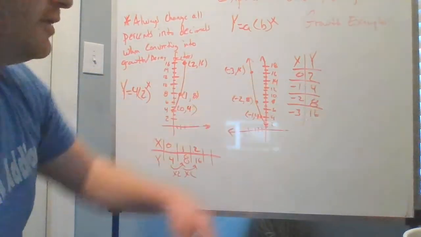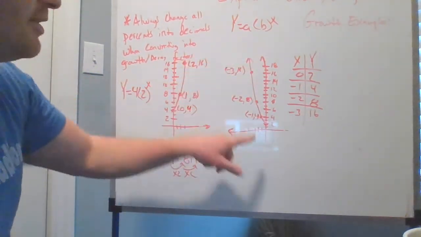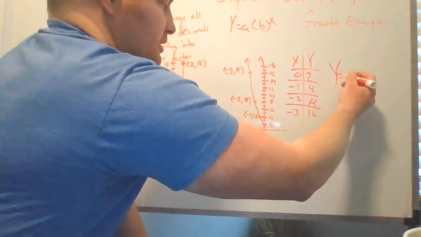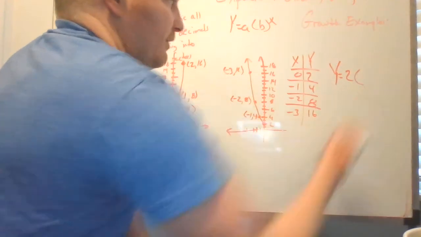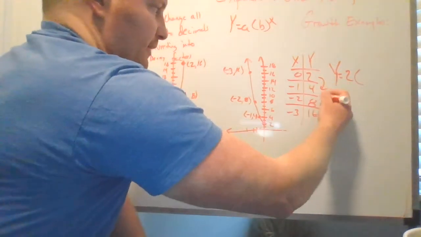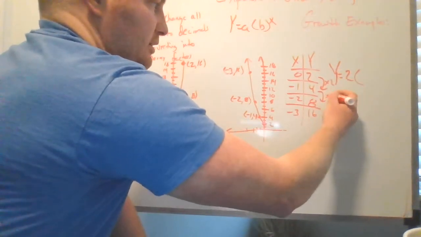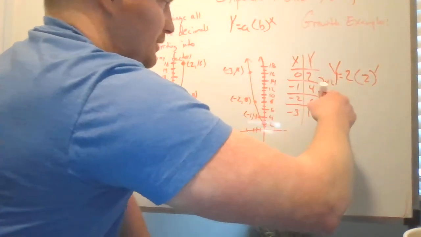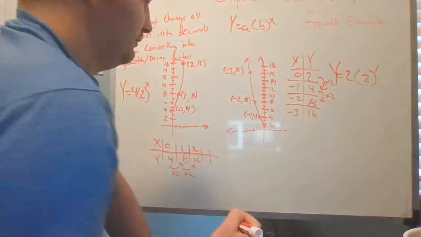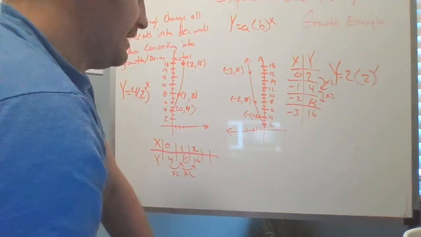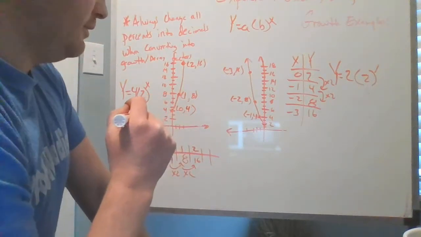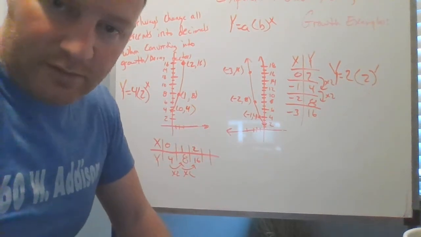First things first, I have to find my y-intercept, and it's pretty much told me right there. So this is y equals 2 parentheses. Again, my growth factor is multiplying by 2. So this is 2. I'm sorry. So it's not, because it's going from -1 to -2. Hold on a second, what did I do wrong?